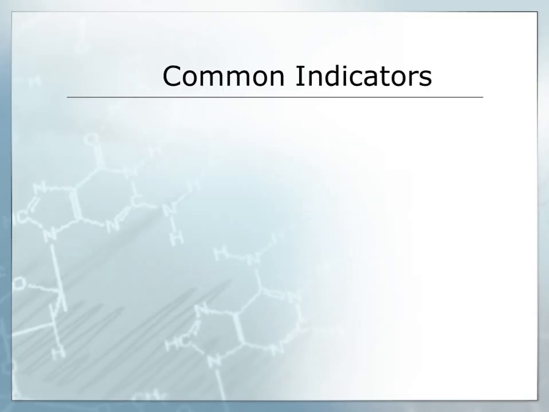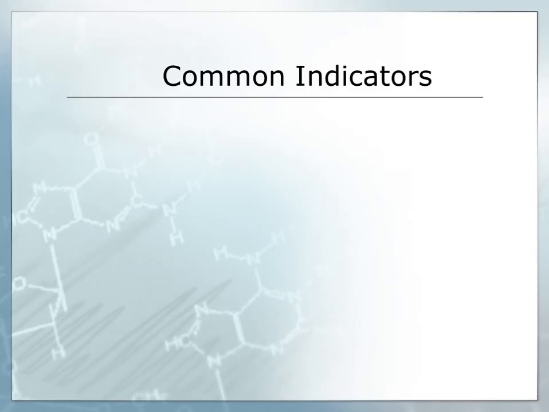There are lots of different chemical indicators that can be used to identify whether we have an acid or a base, but there are some fairly common ones that we come across on a regular basis. Many of these indicators will change color at specific pH ranges, so depending on the experiment that you are looking to do, if you are looking for a change to be occurring at a certain pH, you would choose your indicator very carefully based on a substance that would make that color change at your desired pH.